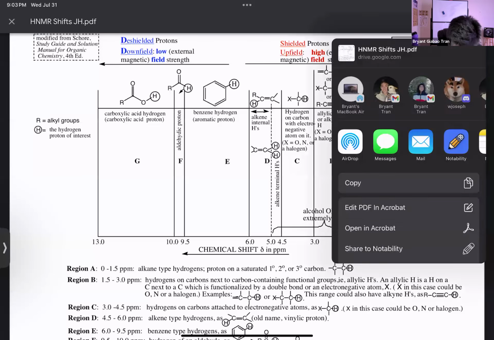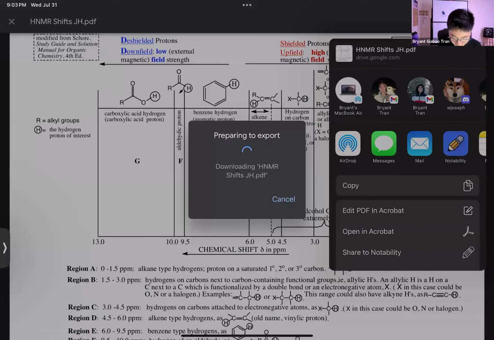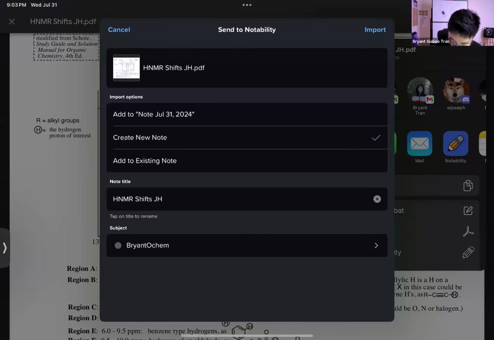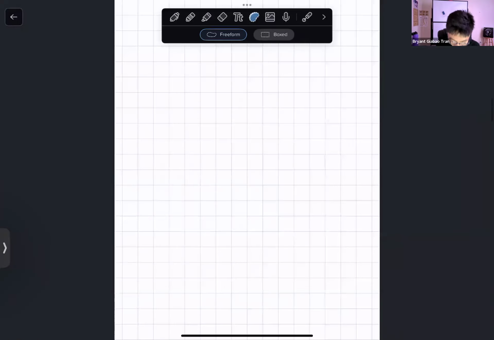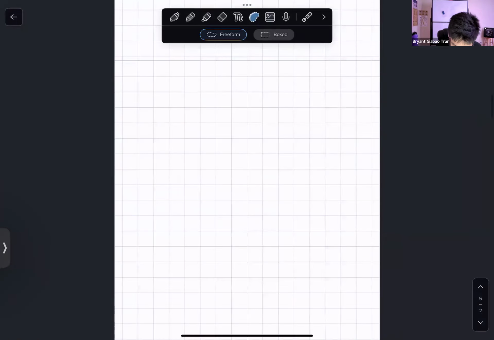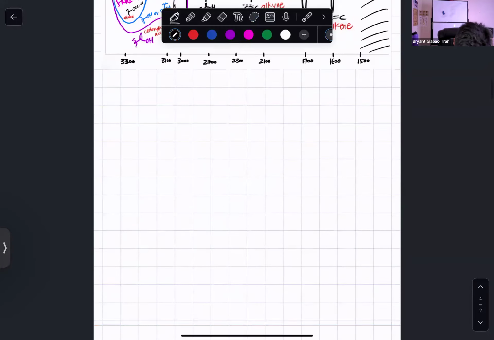Yeah, so this HNMR and IR stuff is a lot of practice and trial and error, a lot of guessing at first, and then if it doesn't work, you try again, and see if it matches up.